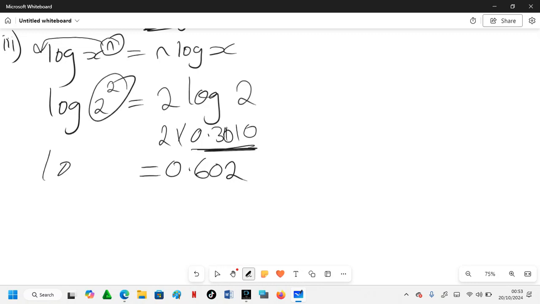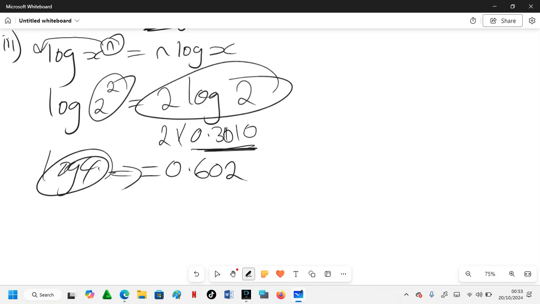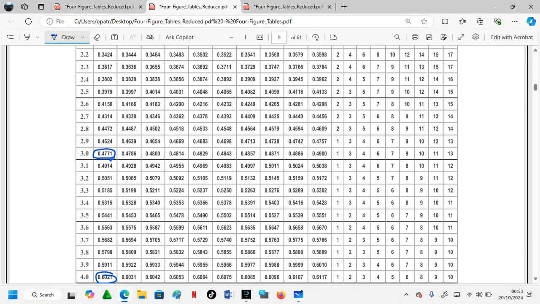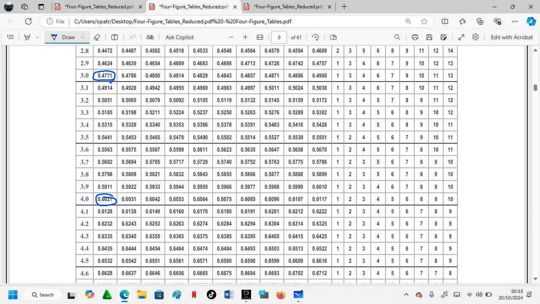So we can check if log 4 is the same, just to prove that this principle is correct. Log 4 should be 0.6020. Let's check. Log 4, there it is, 0.6021.